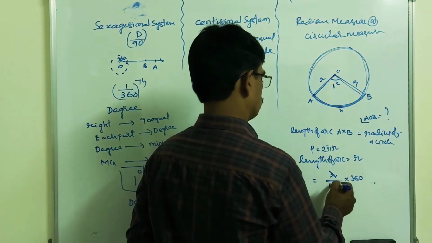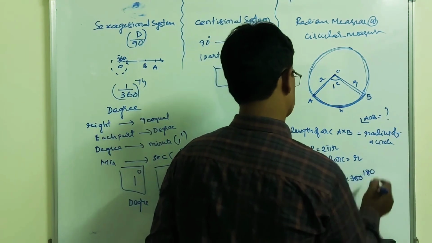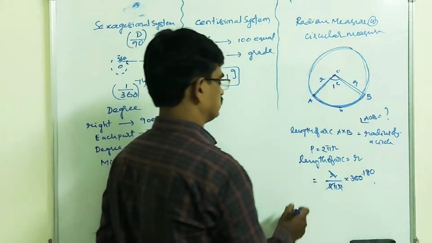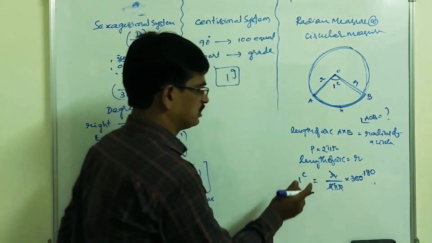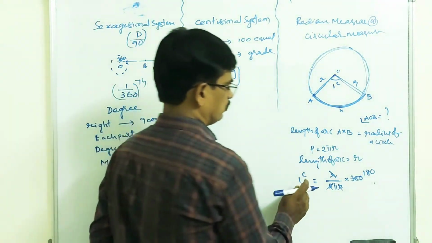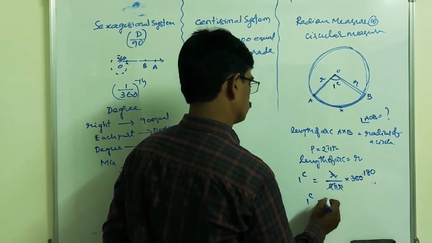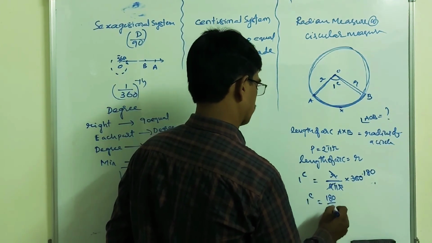That is 180 by pi. This is 1 radian. It can be written as 1 raised to the power c. 1 radian is equal to 180 by pi.